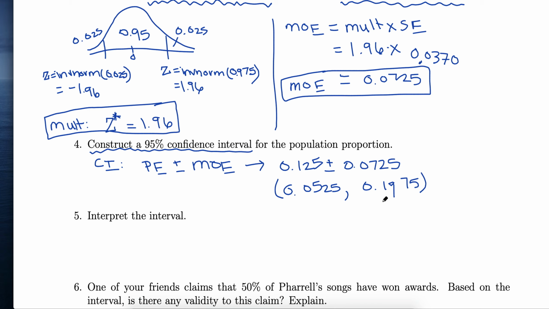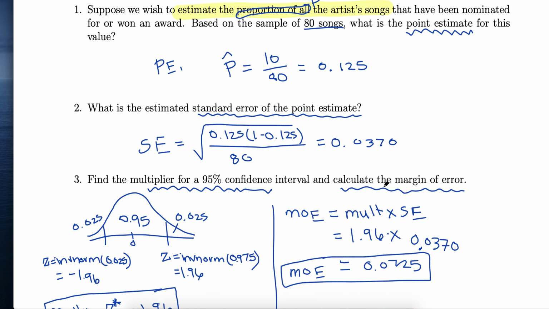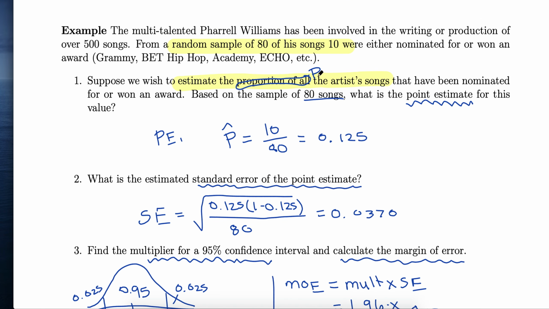Okay, so we have our confidence interval. Doing all this math isn't any good. It's not useful to anyone unless you can explain what this means. So remember our original question here. The original goal was to estimate p, the proportion of all of his songs that have been up for an award.